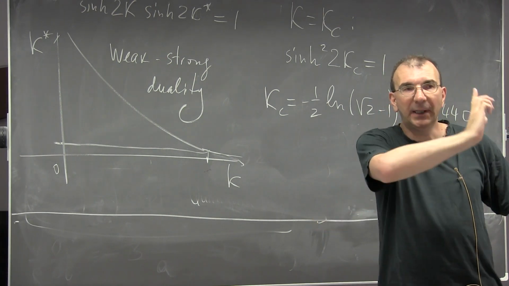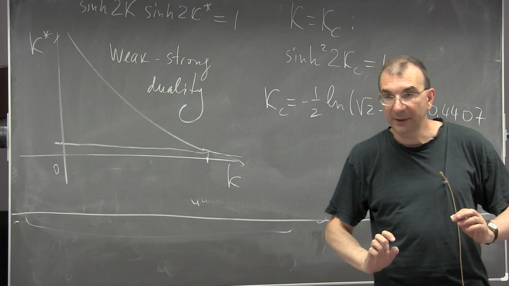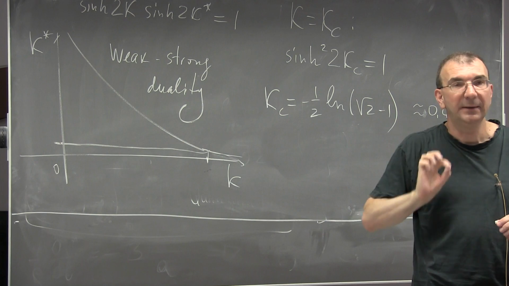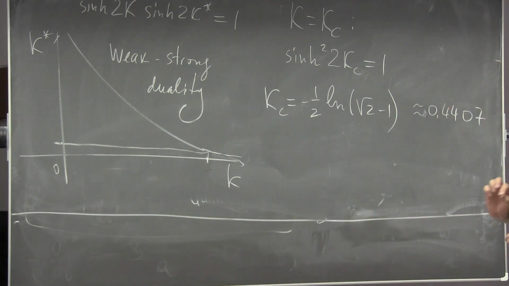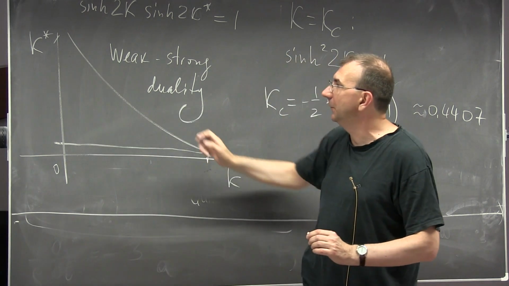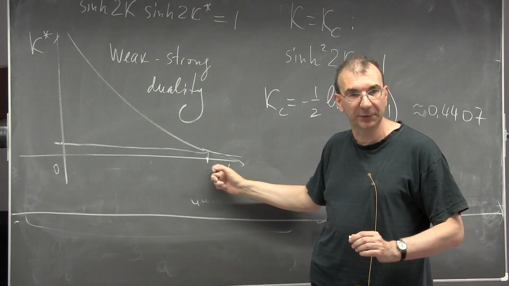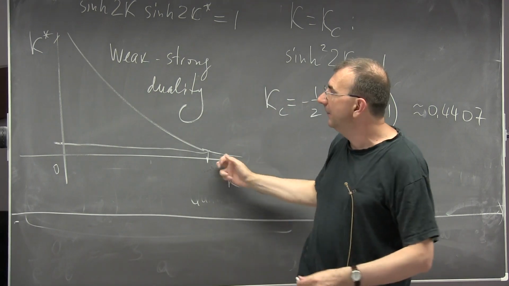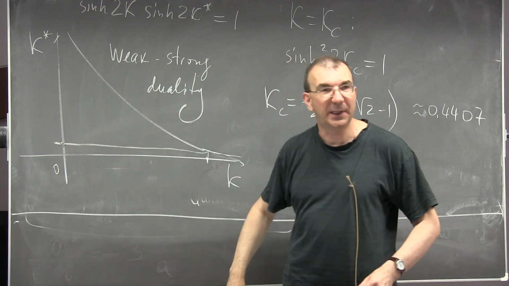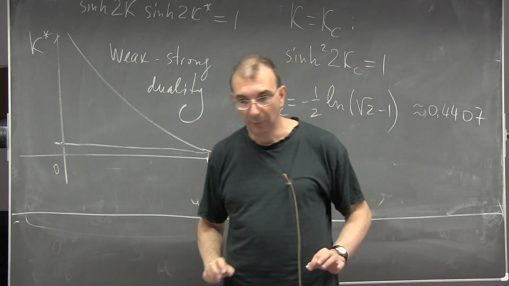It will allow you to compute the correlation functions, in particular of the stress-energy tensor, and therefore to get the answer for shear viscosity in the non-perturbative domain, where the coupling is infinitely large. Morally speaking, it will be similar to the weak-strong duality of the Ising model, in the sense that you don't know how to compute viscosity at strong coupling, but you can map it to a different theory where you can work at weak coupling, therefore perturbatively you can compute everything you need to know. Okay, we'll do this tomorrow.